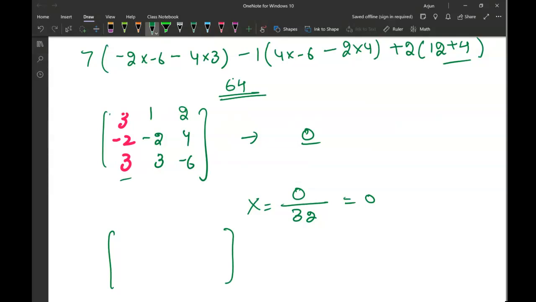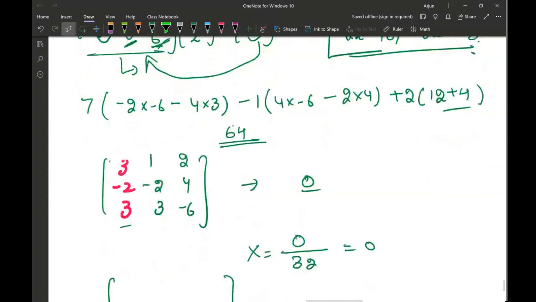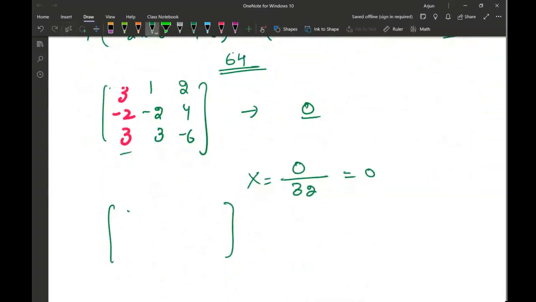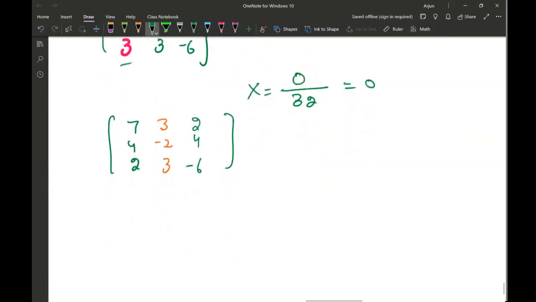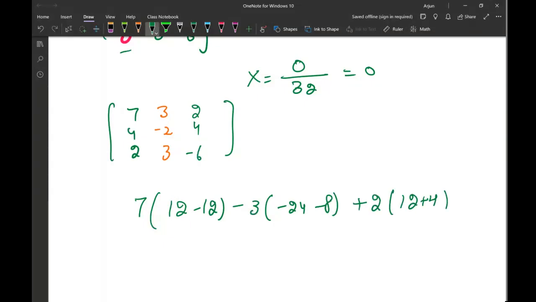I'm going to replace these values with the second column. So the first column is going to remain as 7 4 2, and the second column will become 3 minus 2 and 3, and the third column is going to be 2 4 minus 6. And let's find out. 7 times (12 minus 12), minus 3 times (minus 24 minus 8), plus 2 times (12 plus 4).